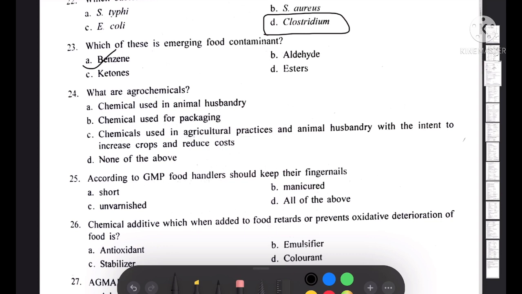The options are chemical used in animal husbandry, chemical used for packaging, chemical used in agricultural practice and animal husbandry with the intent to increase crop and reduce cost, or none of the above. So the correct answer is agrochemicals are the chemicals used in agricultural practices and animal husbandry with the intent to increase the crops and reduce costs.